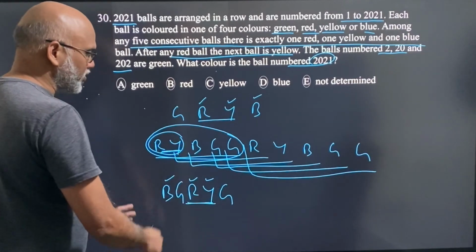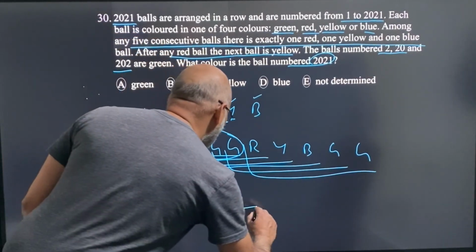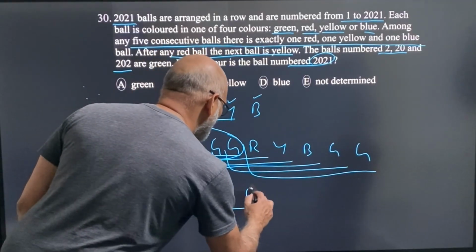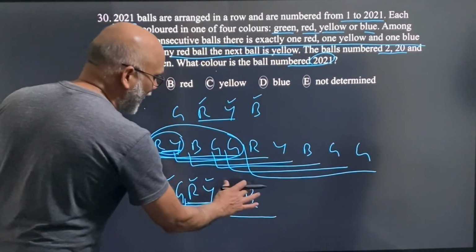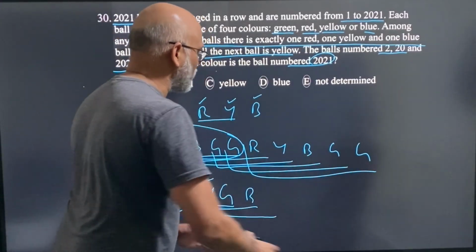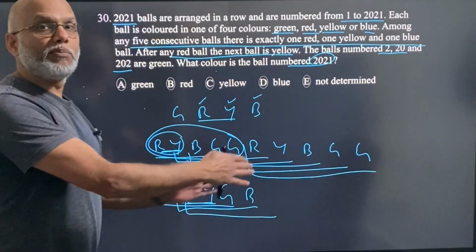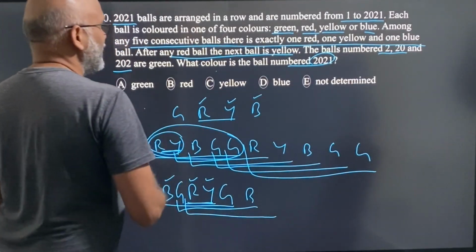That is the condition given. So you can start with this and then try to have the next 5. Blue must go there, and so on. So whatever the pattern is, it must repeat. Let's keep that in mind.